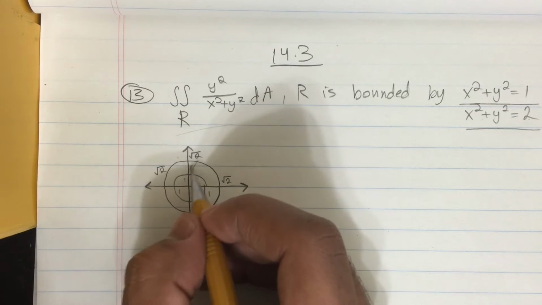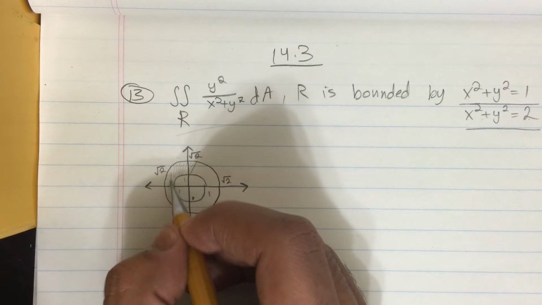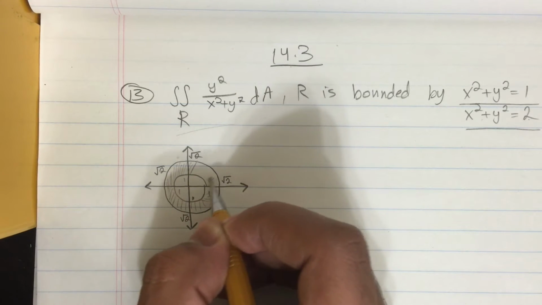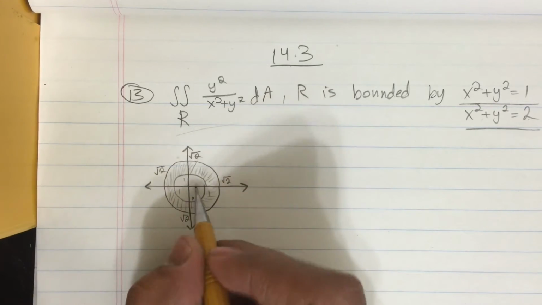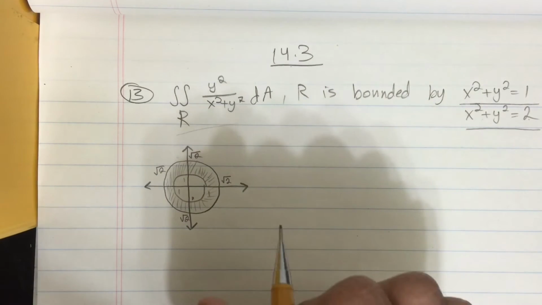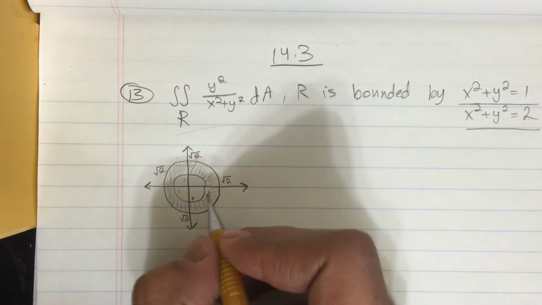So we're interested in this region that's outside of the smaller circle and on the inside of the bigger circle.